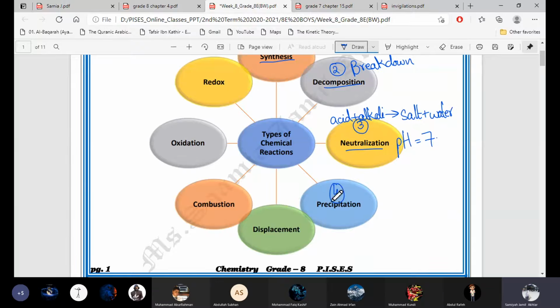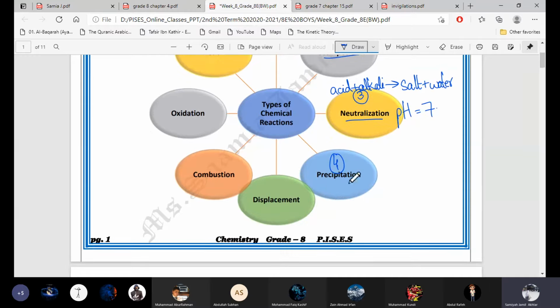Number four is precipitation reaction. In precipitation reaction, precipitates, PPTs, are insoluble salts or insoluble products, you can say. Okay, so we prepare some insoluble substances in precipitation reaction.